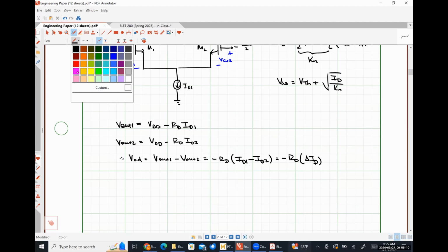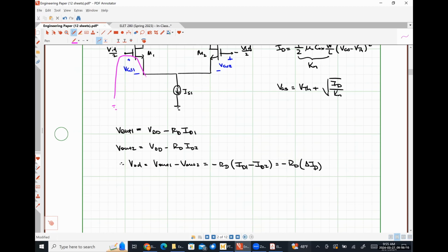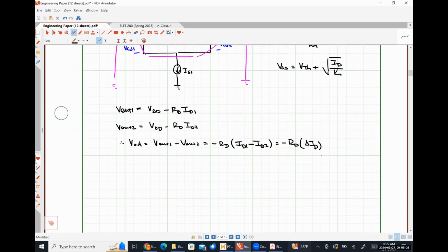So starting from ground down here, we're going to go across this path, and that's going to give us VID over 2 plus VGS1 minus VGS2 minus VID over 2 is equal to 0.